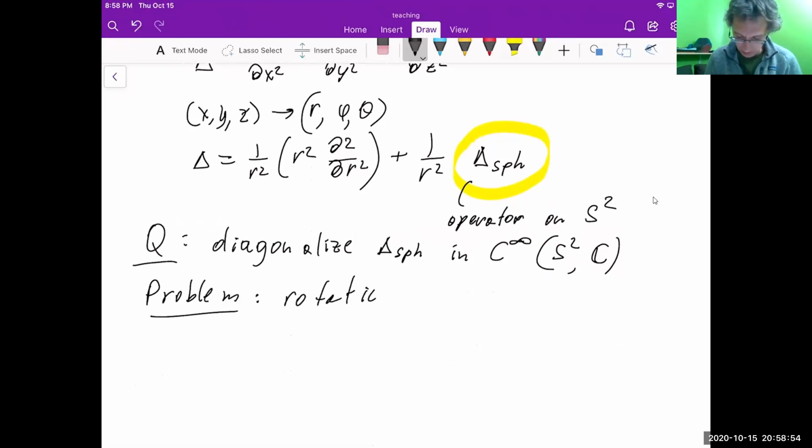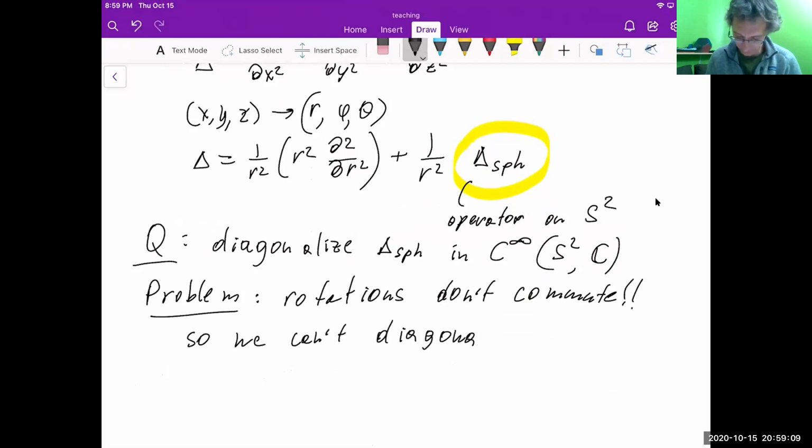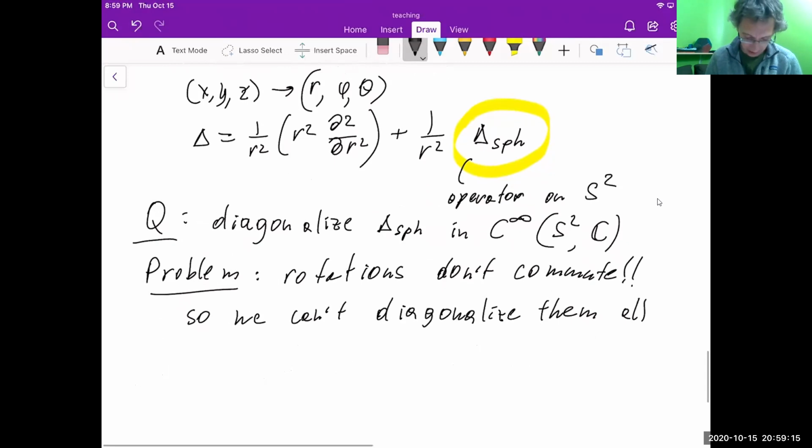So the problem is that rotations don't commute. So we cannot diagonalize them all at the same time.